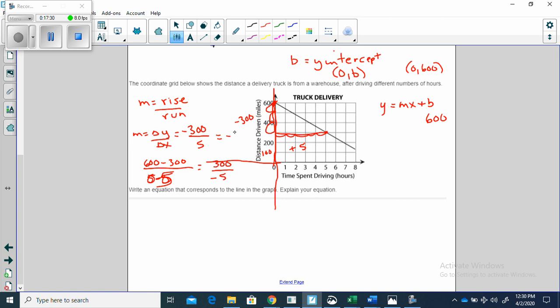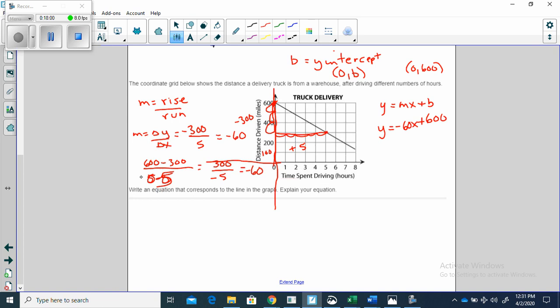This would give me negative 60, and you get the same thing here, negative 60. In the place of m, we put negative 60. y is equal to negative 60x plus 600. This tells me I'm starting at 600 miles away from the warehouse, and I am getting 60 miles closer. I'm taking 60 miles off my distance from the warehouse each hour.